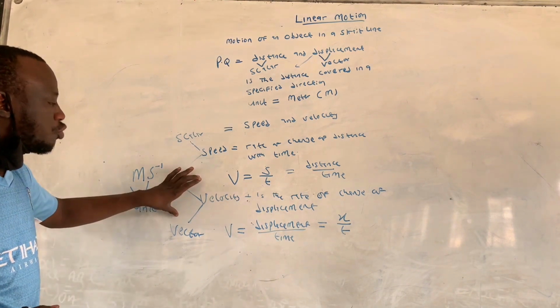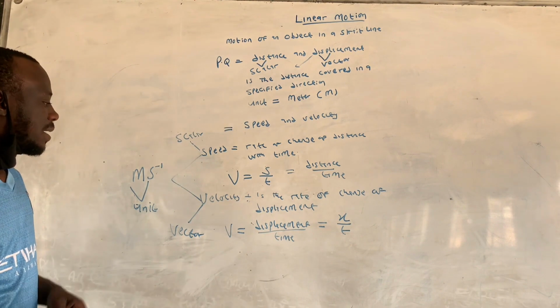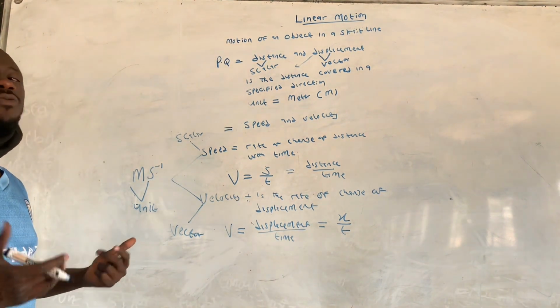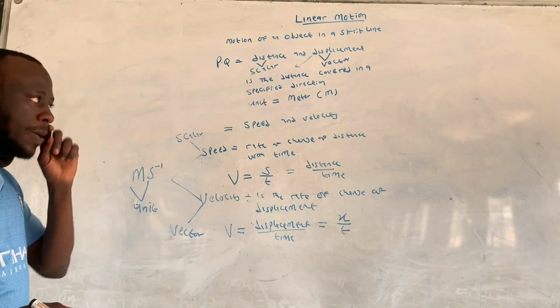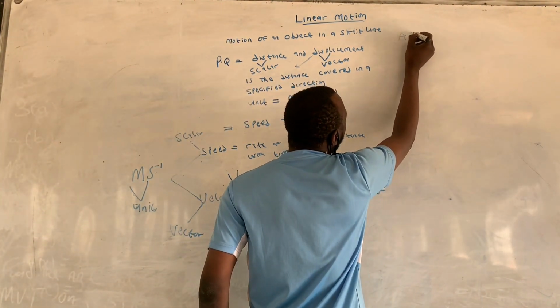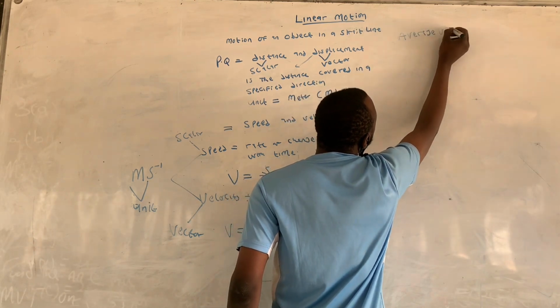This is the difference between these two. Again, there is something we call the average velocity.